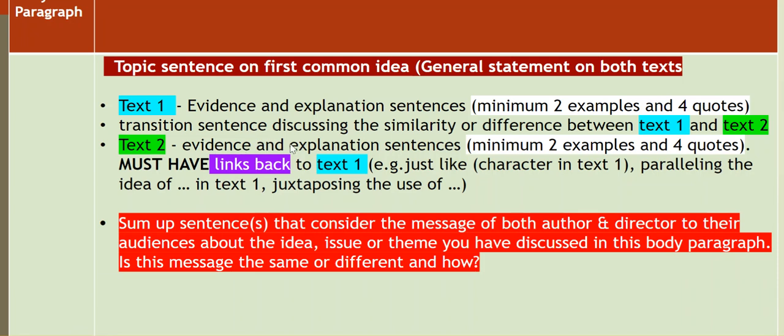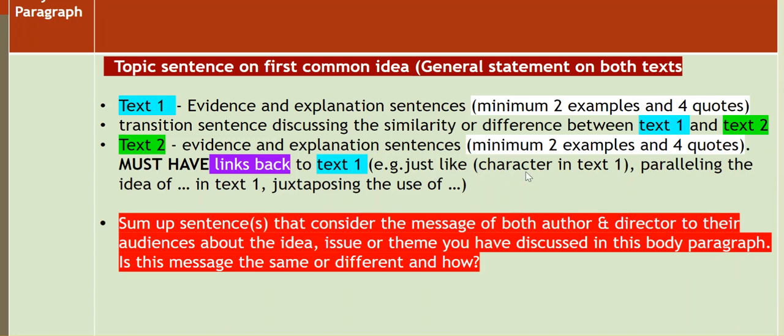You're going to do the evidence and explanation sentences with a minimum of 2 examples and a minimum of 4 quotes again. But you're going to have plenty of links back to text 1. Remember the cats and dogs example that I gave you in class. Use it as a bit of a guide.